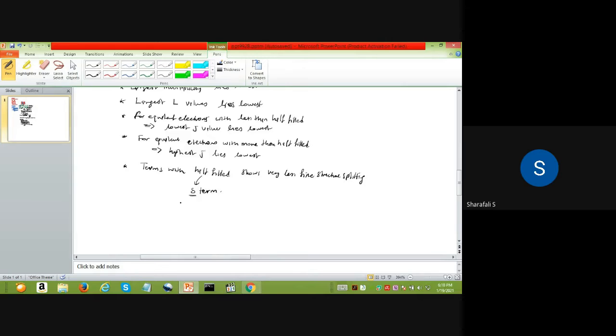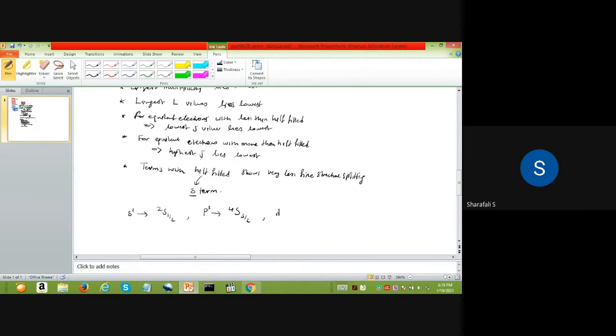So if you consider S1, that is a half filled S state, this will have the 2S 1/2 term. And if you consider P3, that is half filled, and that will have 4S 3/2.